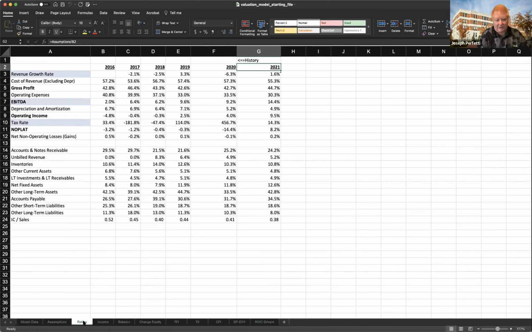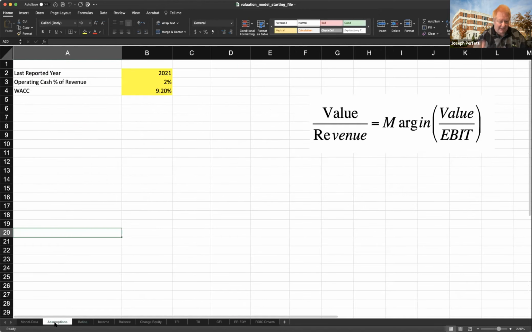All of these ratios for the last 6 years are a percentage of sales, except for the revenue growth rate, which is the percentage change in sales. So these are the historical ratios, income statement and balance sheet, that come from the historical income statement and balance sheet. The final tab in the model is called the assumptions tab.